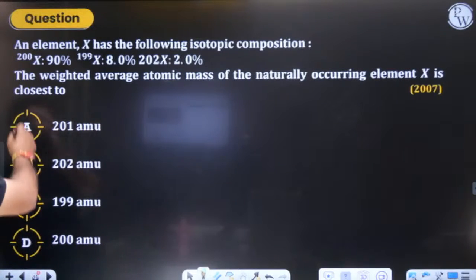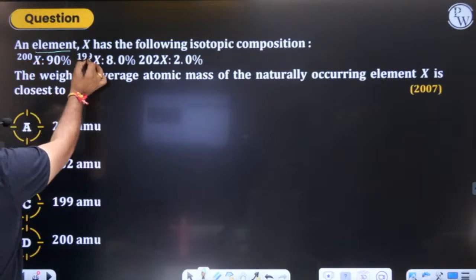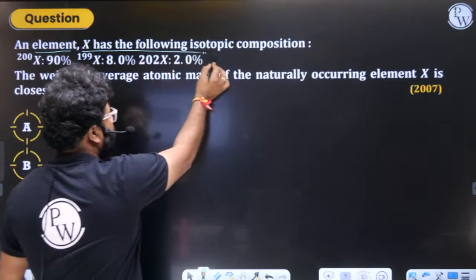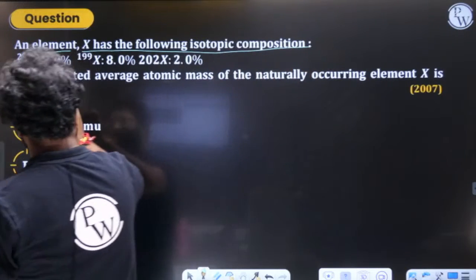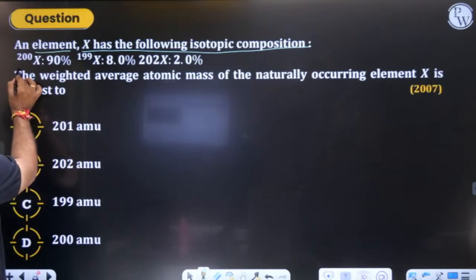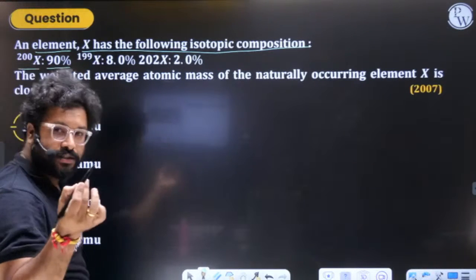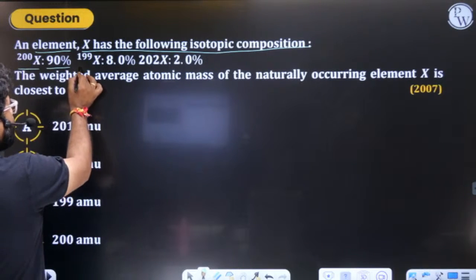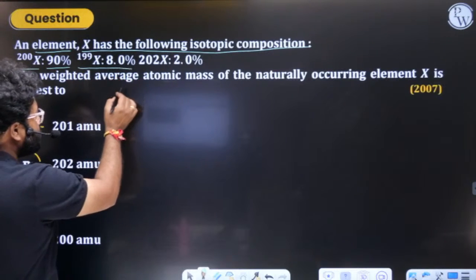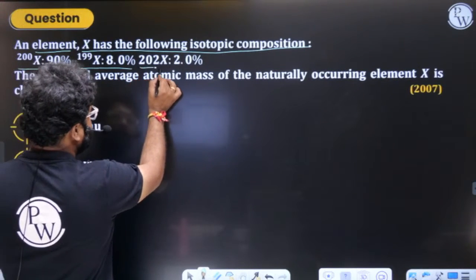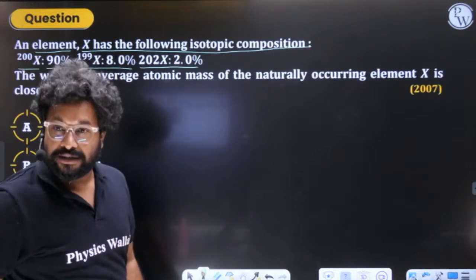So the very first question: an element X has the following isotopic composition. Mass number 200 has 90% abundance, 199 has 8% abundance, and mass number 202 has 2% abundance.